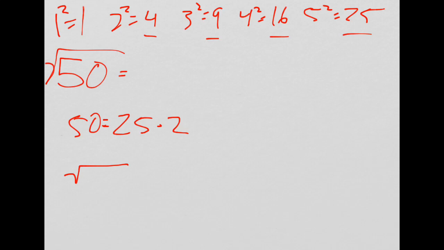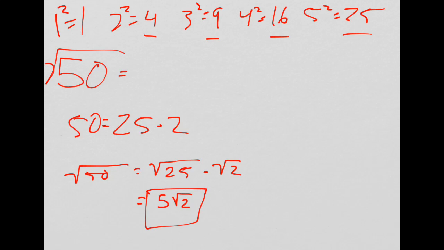And so we can say that the square root of 50 is equal to the square root of 25 times the square root of 2. We factored out one of those perfect square factors because, well, we can simplify that. The square root of 25 is 5, so we get 5 times the square root of 2. Again, same exact end, but I think a little bit more elegant of an approach to solve that problem.